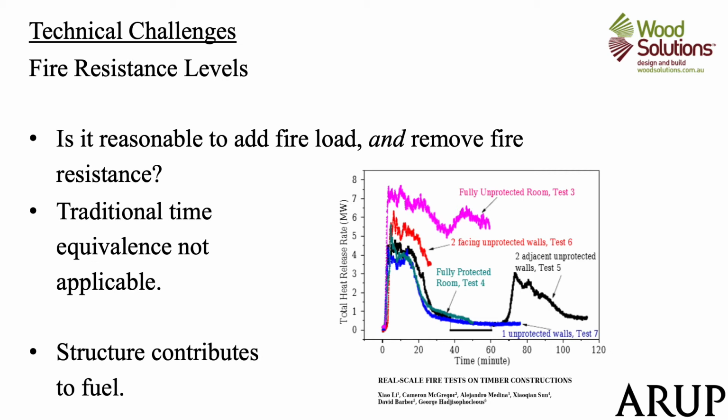You can see it burns and then decays. The pink line is fully unprotected, so completely exposed CLT all around. You can see a number of interesting things. Obviously the peak energy release is a lot higher, but the most important thing is the duration of burn is a lot longer, and you see another peak in heat release rate there.